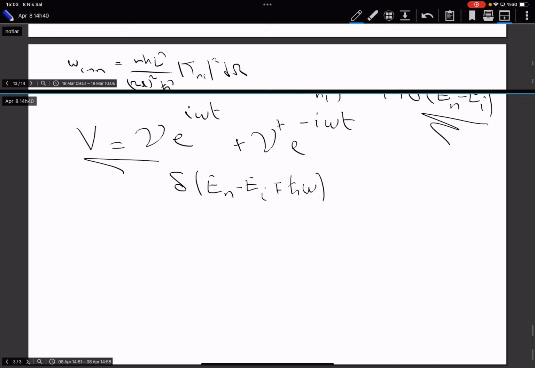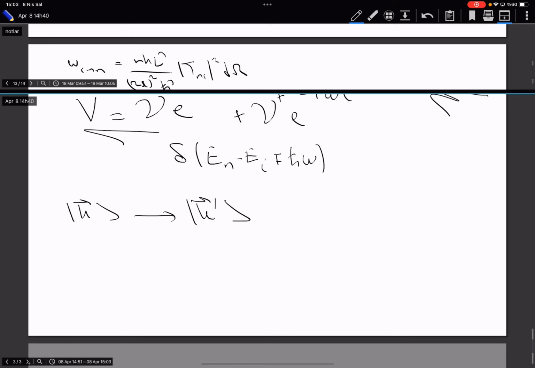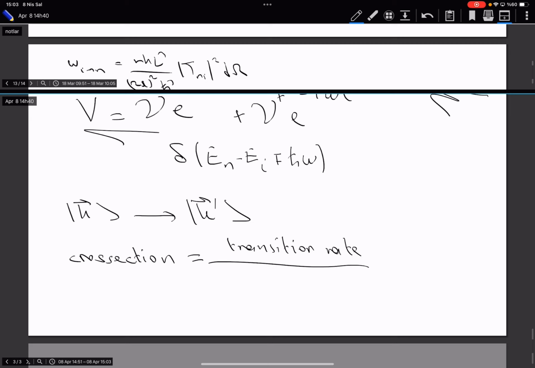So we will look at these transitions. Let's say we send a particle with wave vector k, and what is the probability that eventually we will get a particle with the wave vector k prime? What is the transition rate for this? And we also define another concept, the cross-section, which we had defined as the transition rate over the influx of particles, the initial flux.